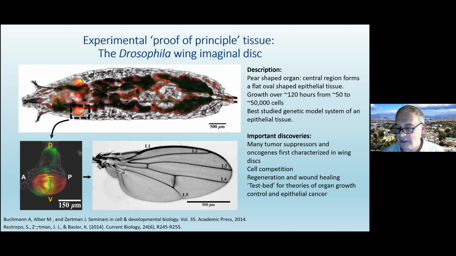But it doesn't look anything like this in the initial stages of embryo development. So the embryo initially, and I don't know how much you know about that, that's the picture here on the left. There are these discs on the surface of the embryo, which are going to give rise to the development of specific organs.